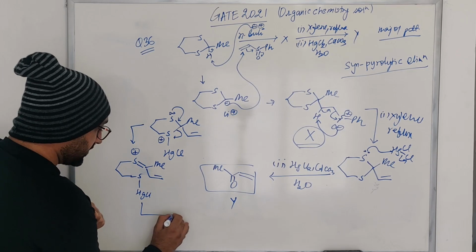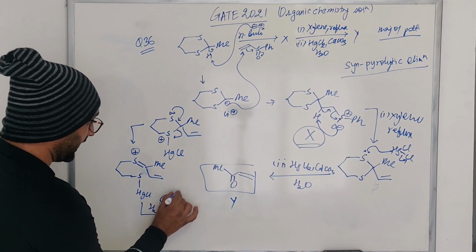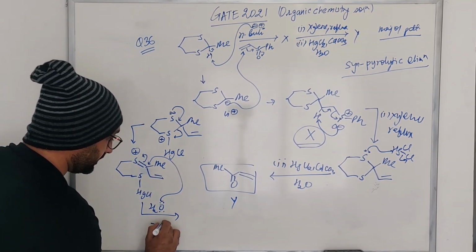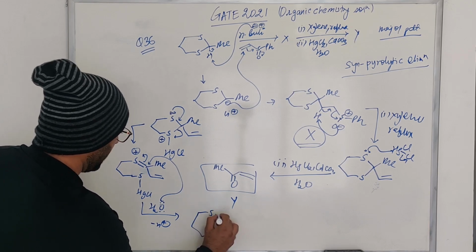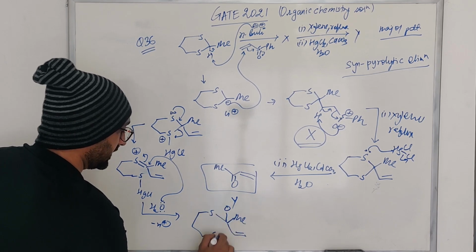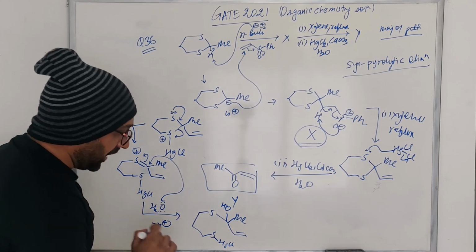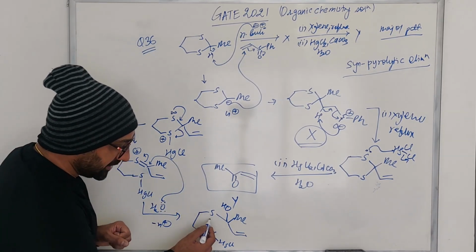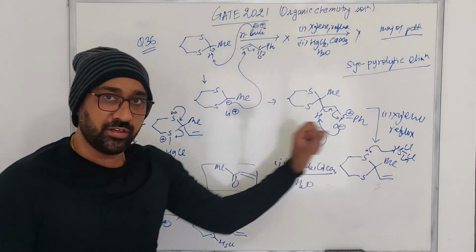Now since you have water in the molecule, what water tends to do is react there and open this. Okay? What you have now is this sulfur, and you have Me, you have this olefin, you have this OH, HgCl. What now tends to happen again? Here this sulfur became protonated. As soon as the sulfur becomes free, obviously as I said, it has a strong tendency for mercury.